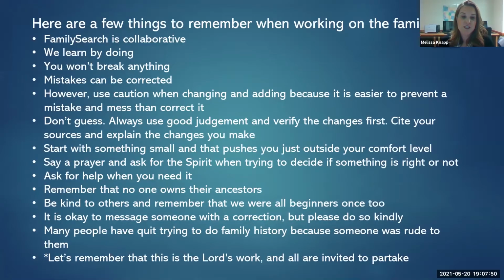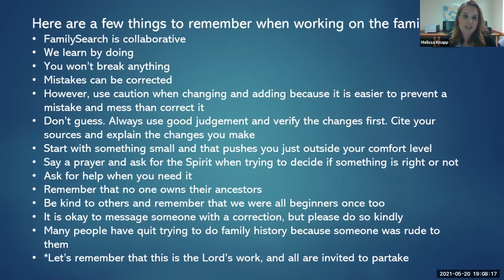Okay, so I did want to just talk about a couple of things that just came to my mind as I was preparing this, because I feel like it's important for us all to remember this occasionally and go over these things. So when we begin working on the family tree, or as we continue, we should remember or learn, if we haven't done it before, that FamilySearch is collaborative.